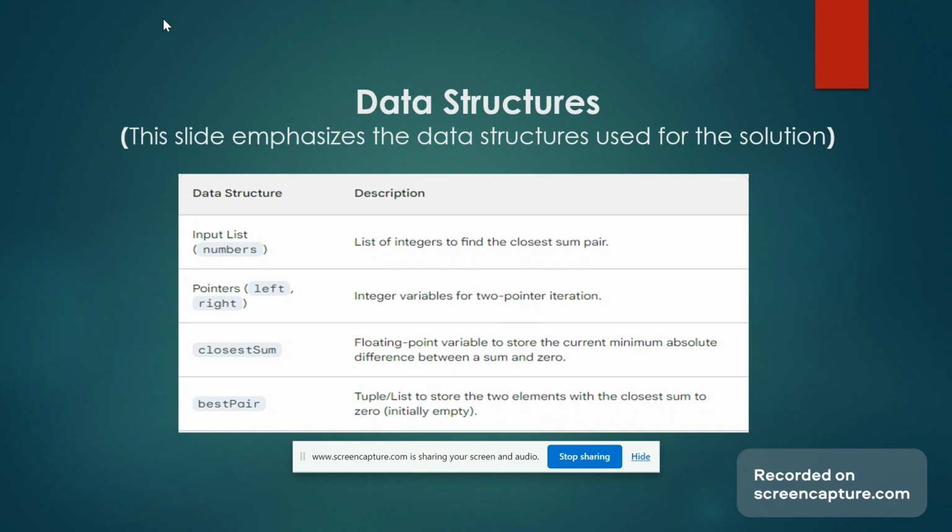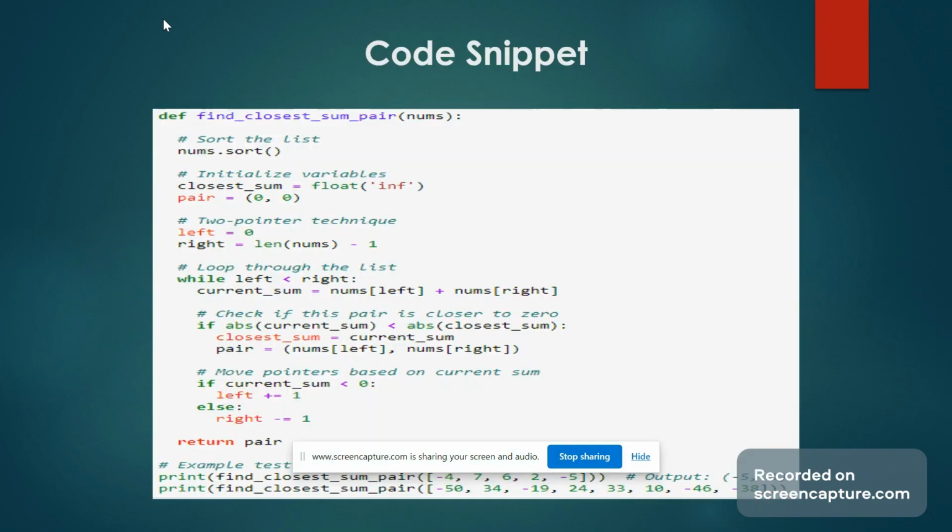The best pair variable is a tuple in Python, initialized to null to represent no pair found initially, and it is updated throughout the loop to store the two elements with the current closest sum to zero. This will be our data structure, and this will be our code.